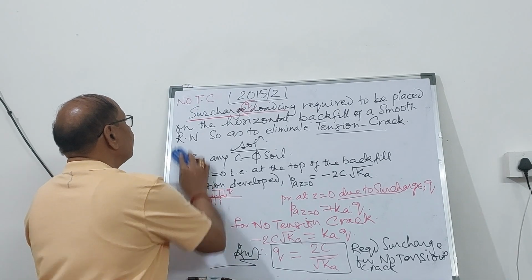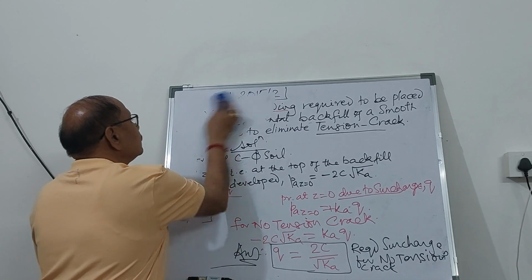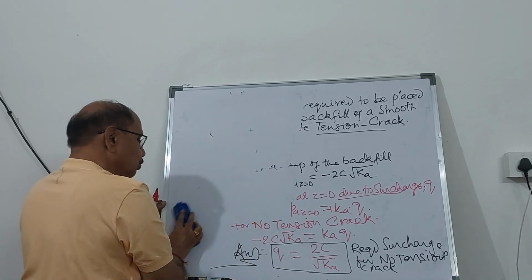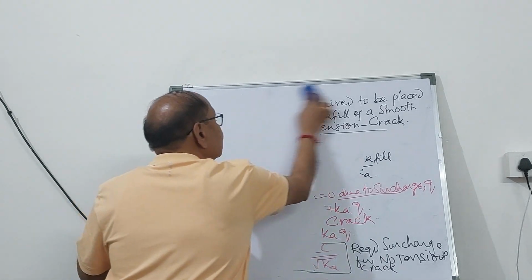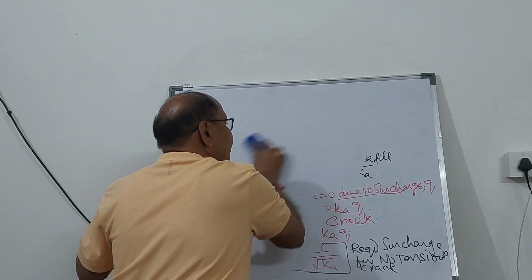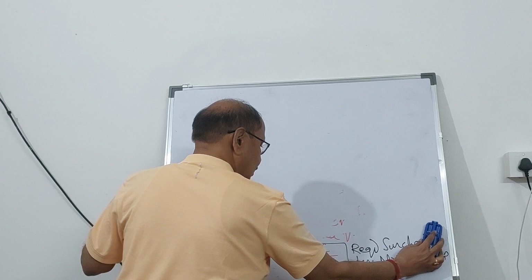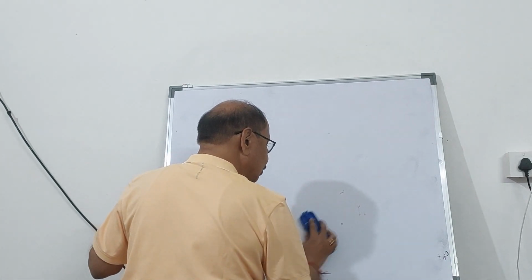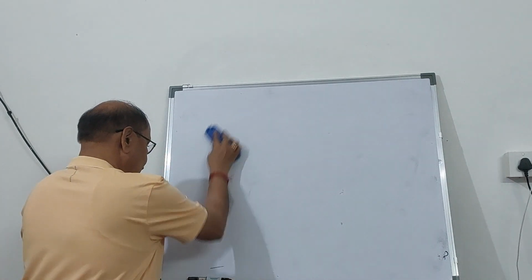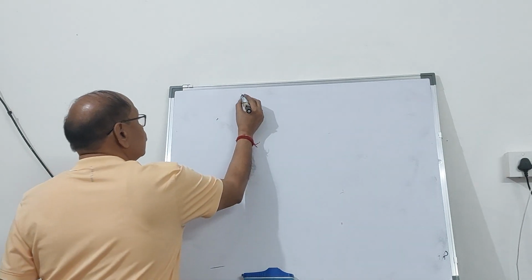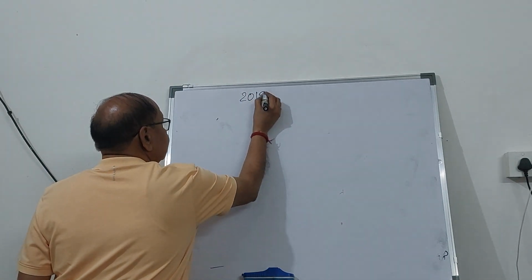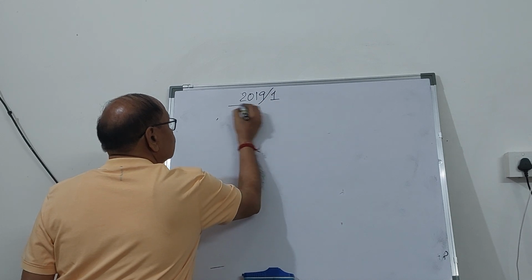Now, the another problem we are going to take, and this is the last. I have taken all the varieties of problems asked so far in the GATE examination. So 2019 set 1.